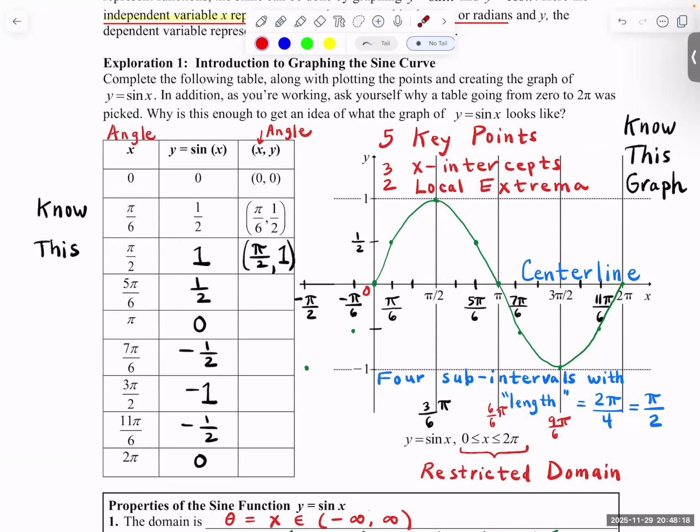Now, the angle x can be any real number: negative, 0, positive. And if we were to extend the graph in quadrant 3, at negative pi over 6, the function value is negative 1/2, and the graph would continue right to left, and then at negative pi over 2, the function value for sine is negative 1.